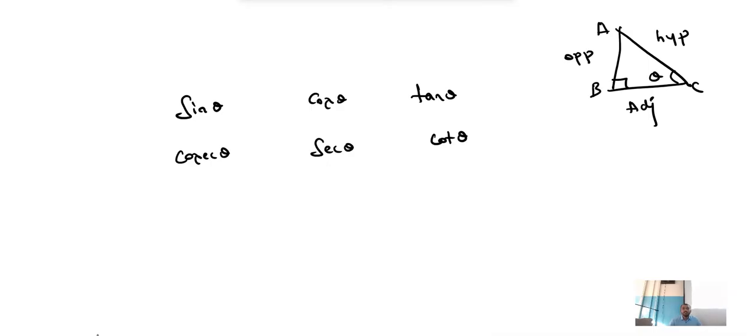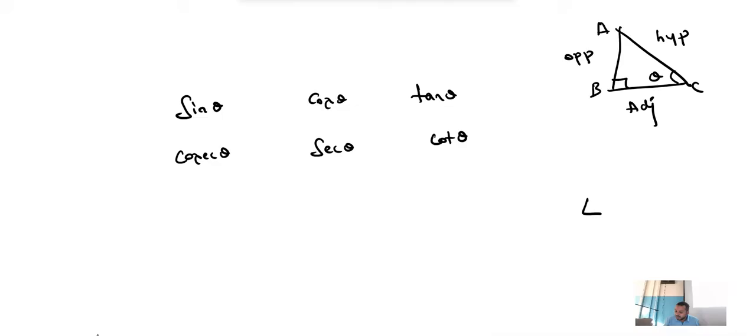Now, how to remember all six ratios? Because this will be helpful once we are going to solve the problems related to identities. That is the reason. Now, we have a logic. What is sin theta? If they ask, ma'am, just 1 minute. No, not 1 minute, 10 seconds. What is the sin theta formula? Just 10 seconds.